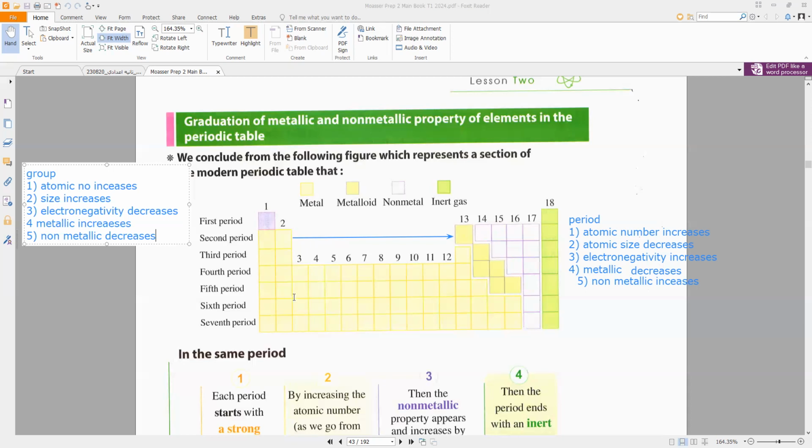The non-metallic property increases as we move across a period, so group 7A has the strongest non-metal.